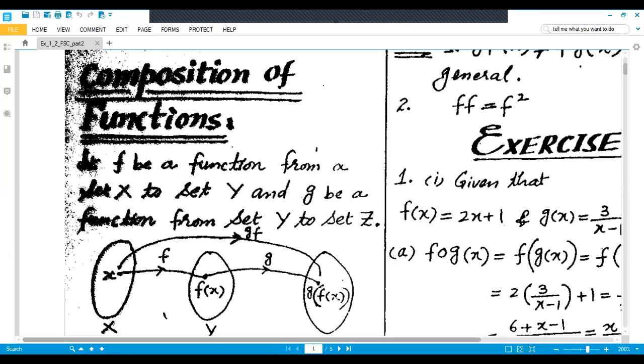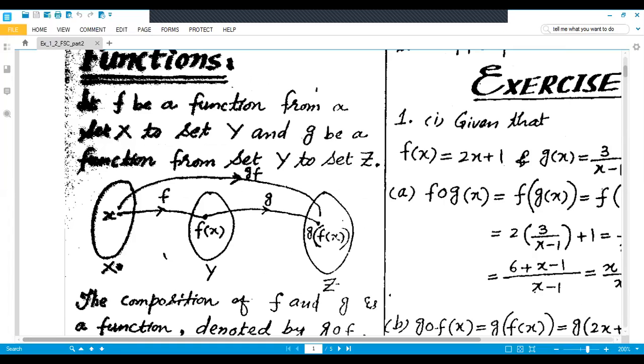So if we have two functions, let f and g. Let f be a function from x to y, and g be a function from y to z.